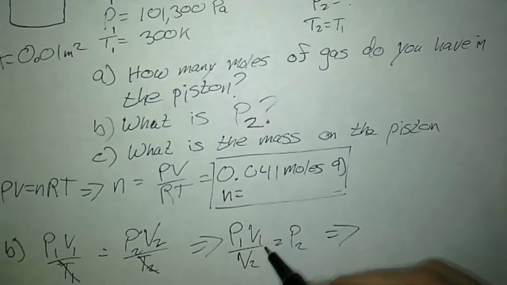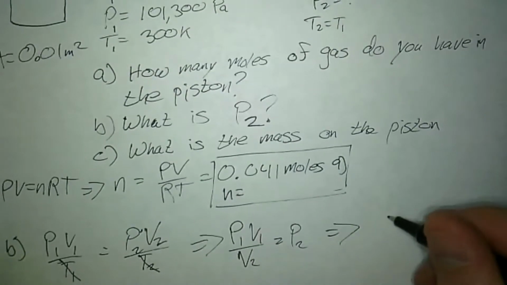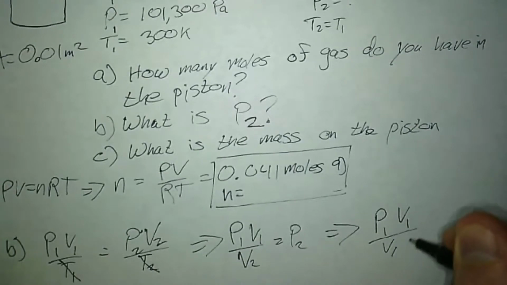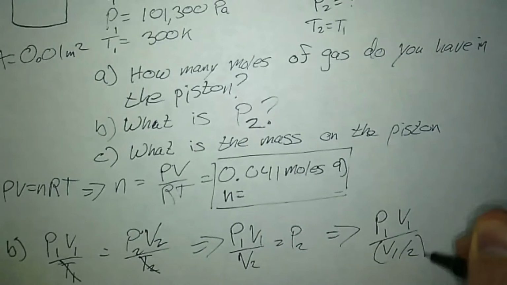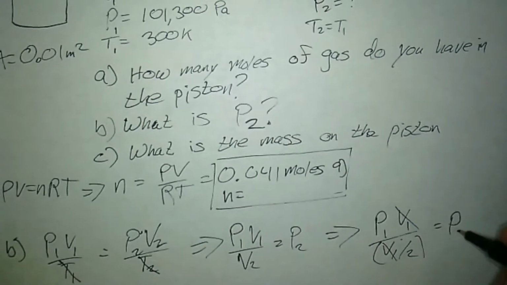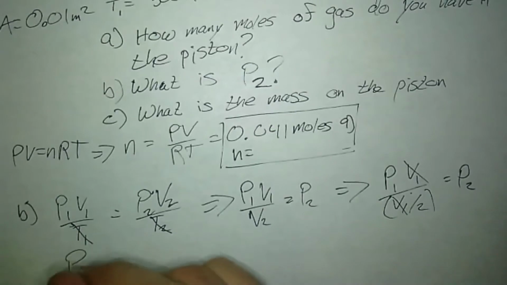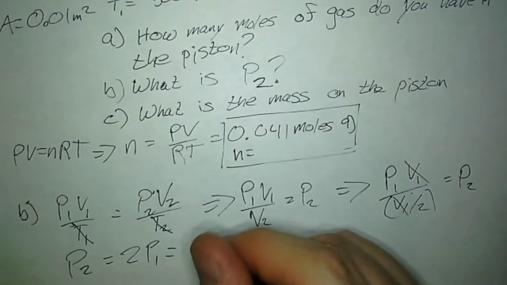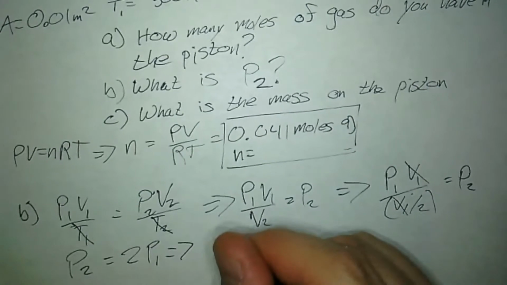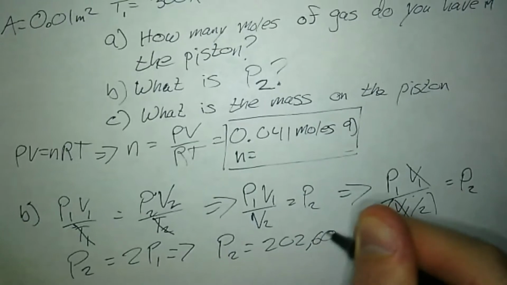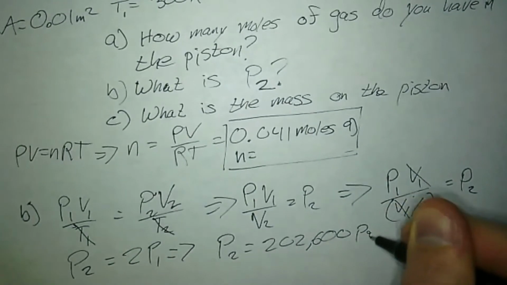Since I know that V2 is half V1, those guys cancel, and I get that P2 equals 2 P1, or in this case, P2 equals 202,600 pascals.